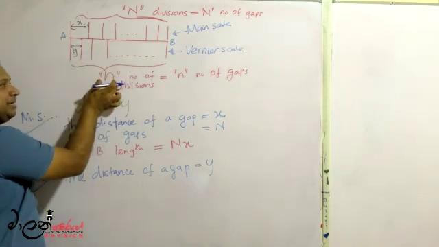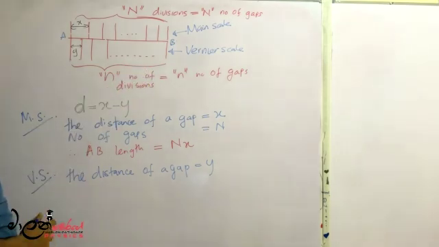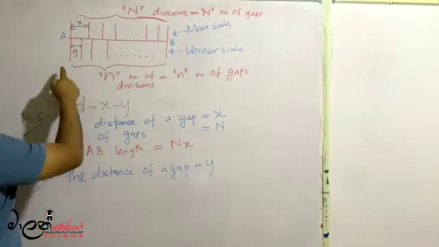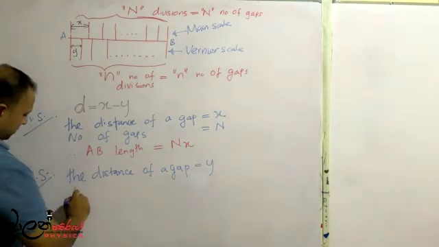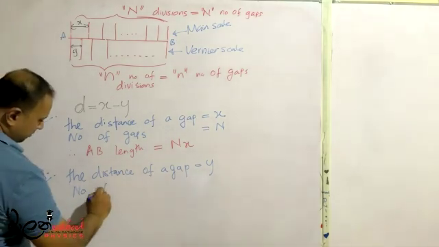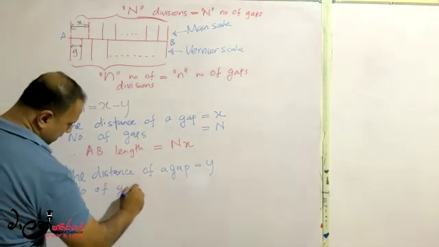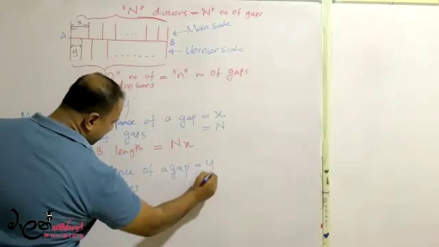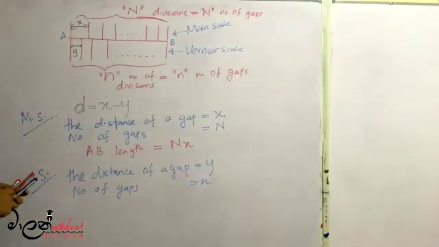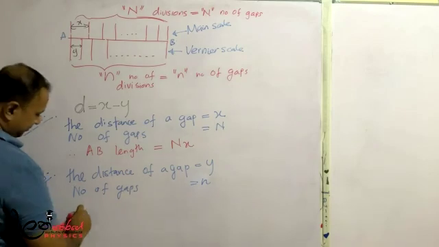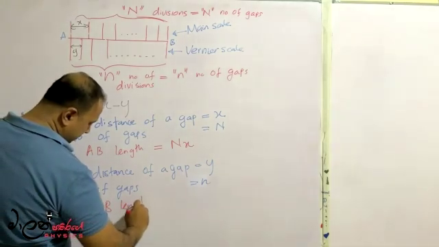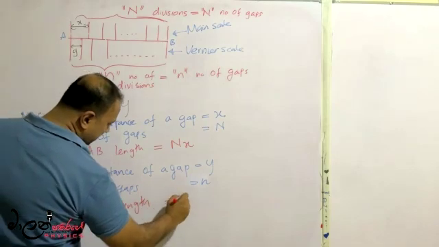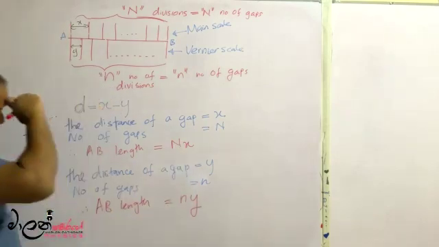That means from A to B, there are simple n number of gaps. Therefore, the AB length is equal to simple ny.